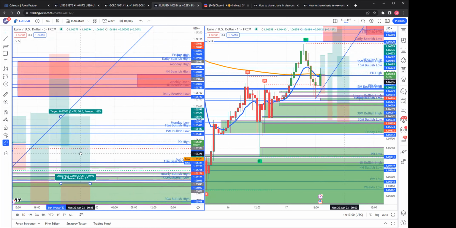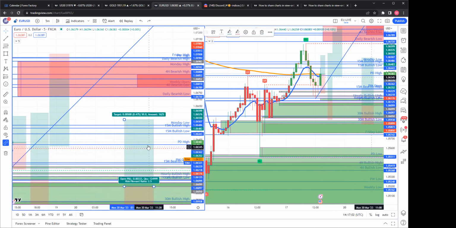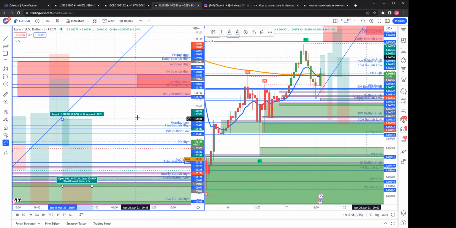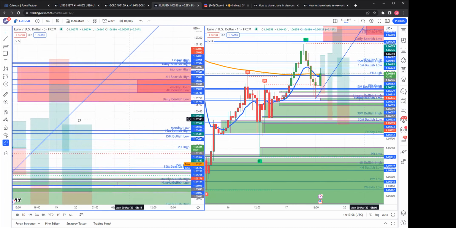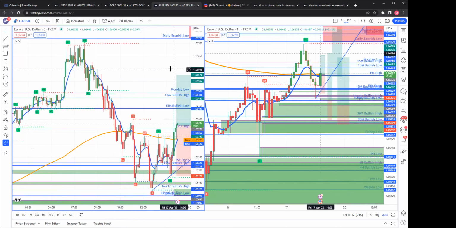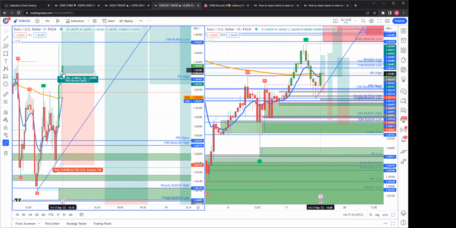In any case, I can ride this buy to the top if possible. Yeah, but I'm in an EU buy right now. Yeah, there it is. So the EU buy should be like 2 pips, 3 pips in profit.